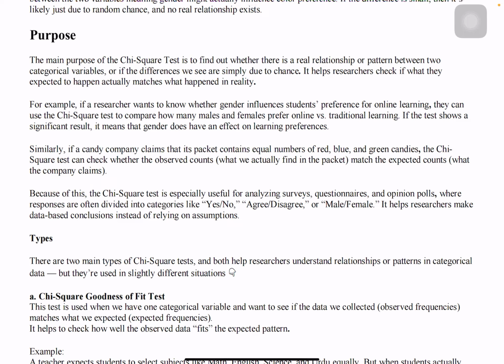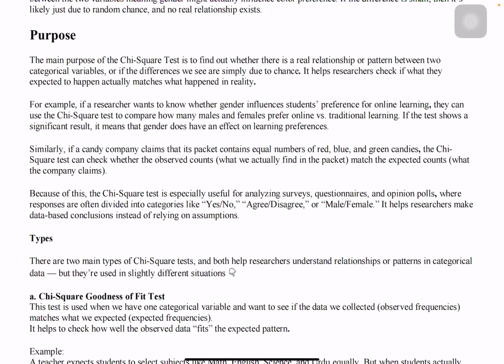For example, if a researcher wants to know whether gender influences student preferences for online learning, they can use the chi-square test to compare how many males and females prefer online versus traditional learning. If the test shows a significant result, it means that gender does have an effect on learning preferences.